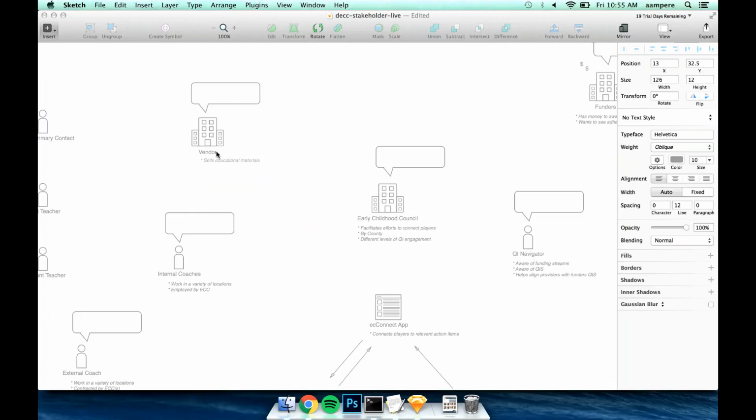Or maybe just a bullet underneath that vendor, professional development. I guess it currently just says sells educational materials. So we will say, tell me how you would like that phrased. Perhaps sells professional development. Yeah, great.